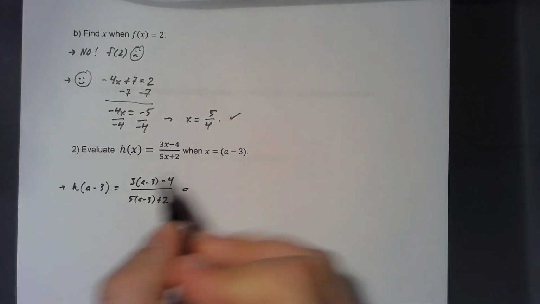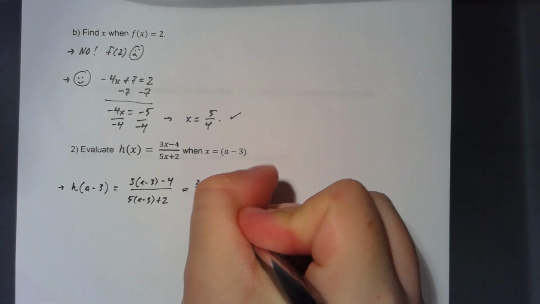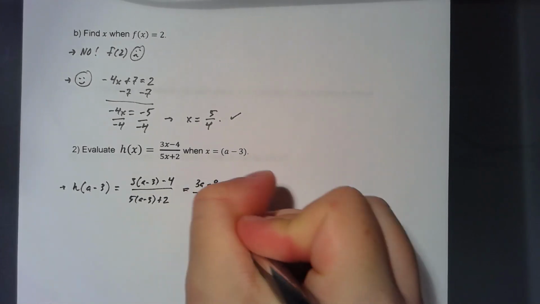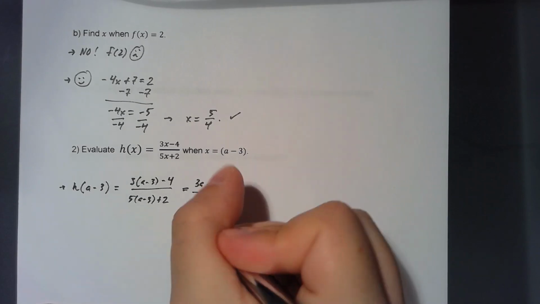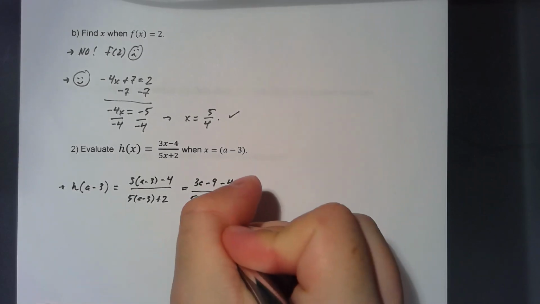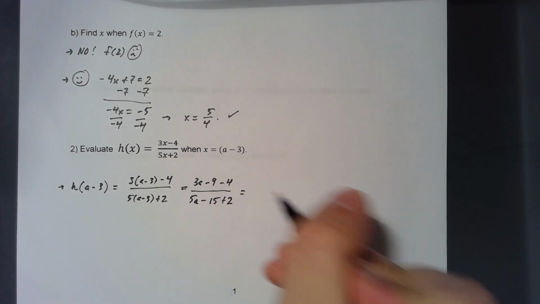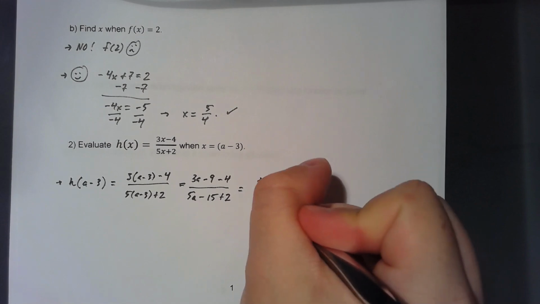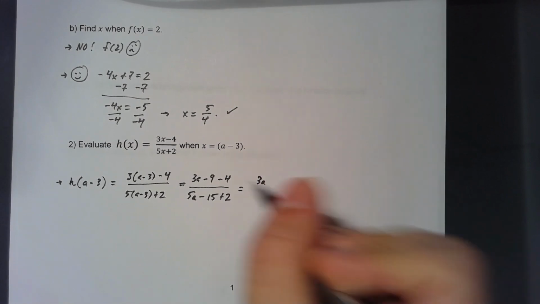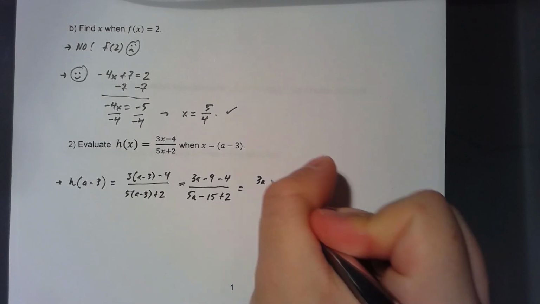Now you're just going to distribute the 3. You're going to get 3a minus 9 minus 4 over, and you're going to distribute the 5, so you get 5a minus 15 plus 2. Combine like terms in the numerator: 3a, minus 9 minus 4 is minus 13.